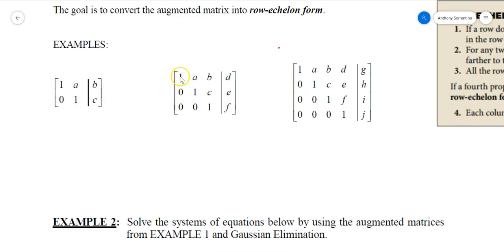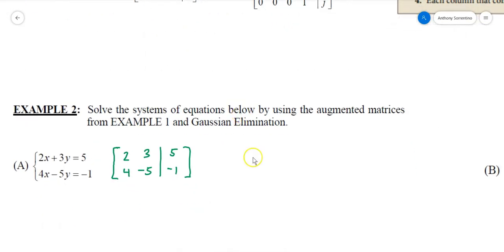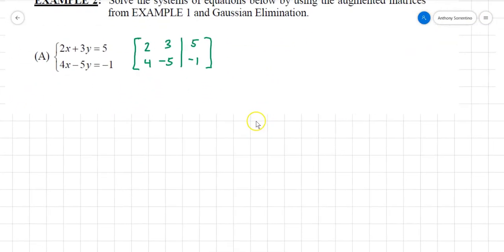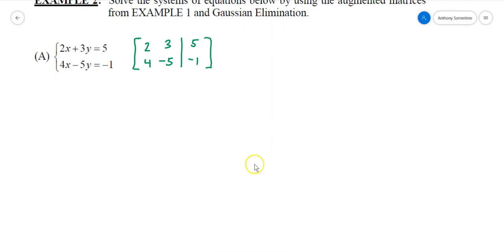I would establish the 1 first and then get the 2 zeros, establish this 1 next and get its 0, establish this 1 last, and then I'd have it in row echelon form. So if I follow that general guideline, the very first thing I want to change here is this entry into a 1.